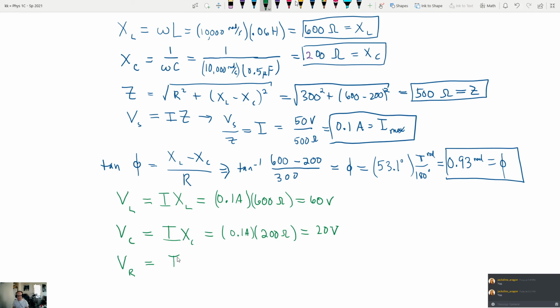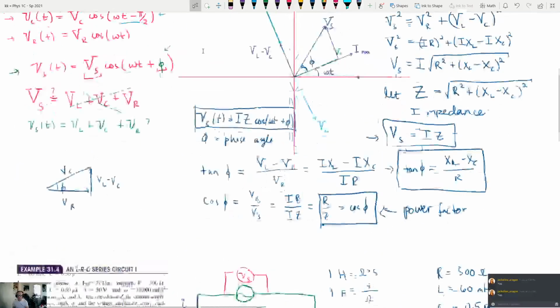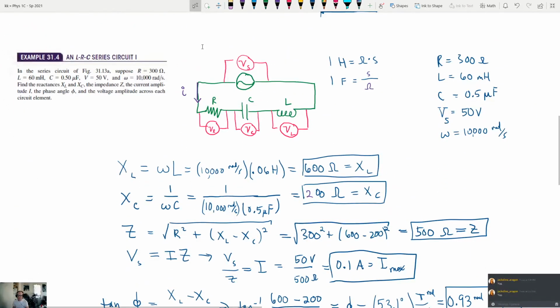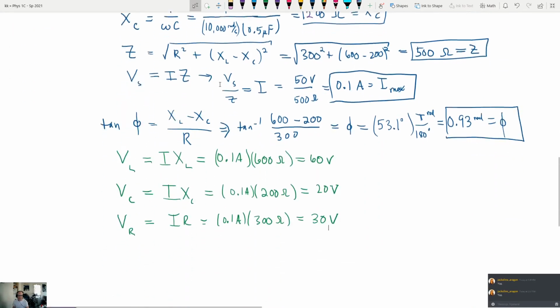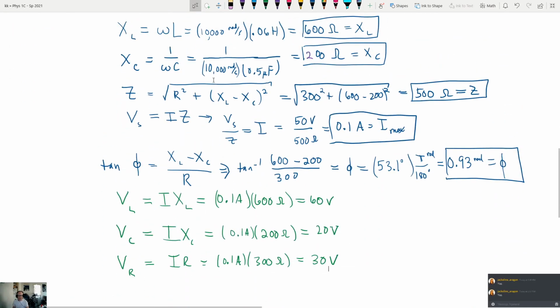And then for VR, we do I times R, which is 0.1 amps multiplied by R is 300. So that's going to be 30 volts. And then, was that it? Was there another piece? I think that was the end of that problem. Yeah, voltage amplitude across each element. Okay, so we're done with those. So there's VL, VC, and VR.